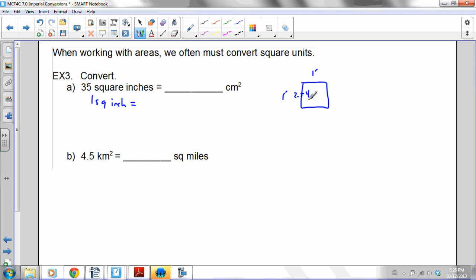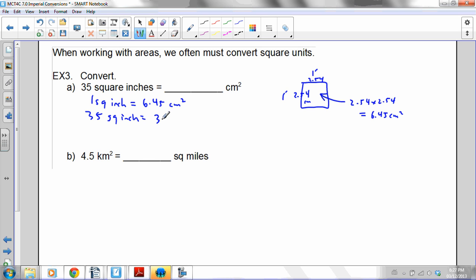We figured that out before. This is 2.54. So how many centimeters is this? Well, it's going to be 2.54 times 2.54 centimeters squared. Whatever that is, it is 6.45 centimeters squared. So 1 square inch is 6.45 centimeters squared.